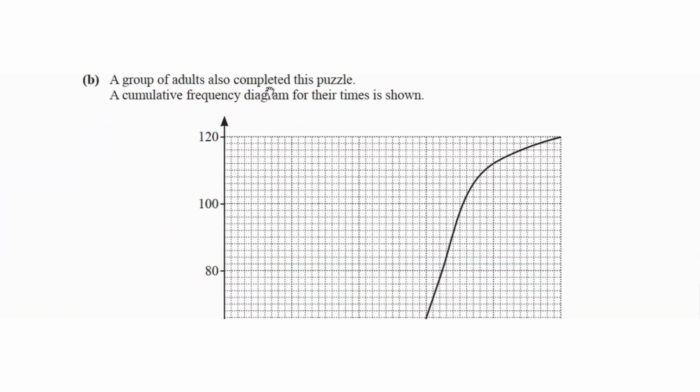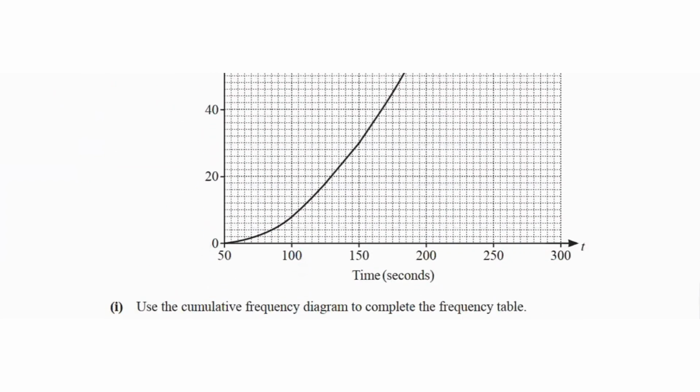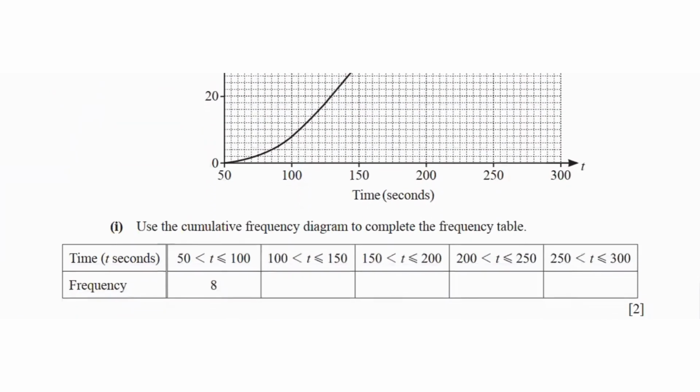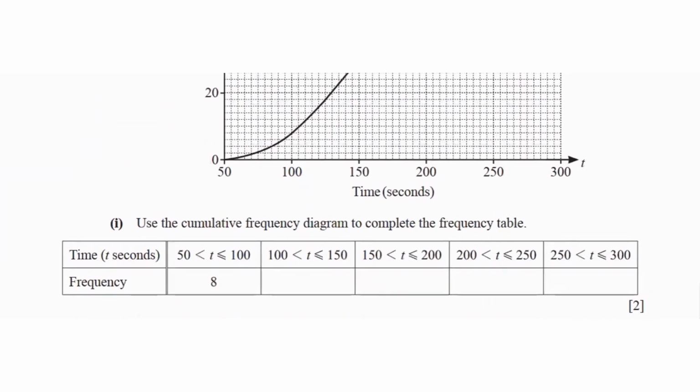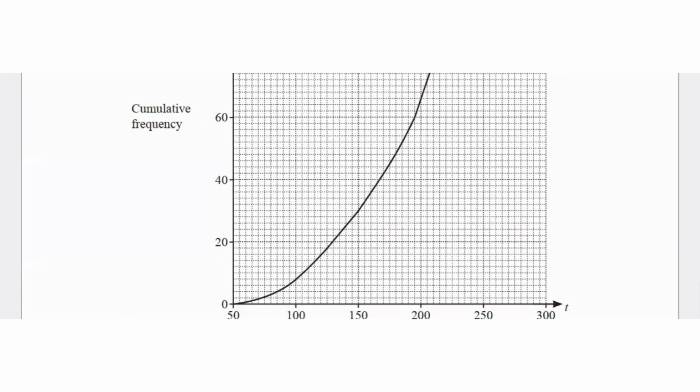A group of adults completed this puzzle, and the information is given using this cumulative frequency diagram. Use the cumulative frequency diagram to complete the frequency table. For the interval of 150 to 200, we draw a line from 200 to the graph, and that falls over here.